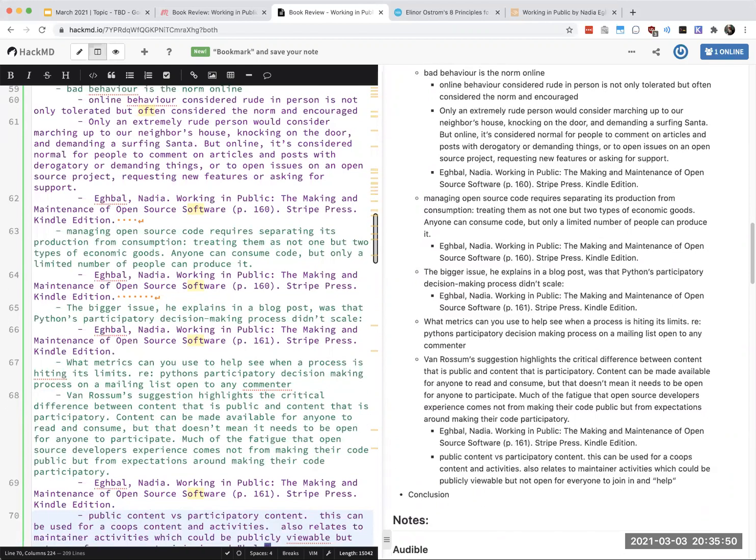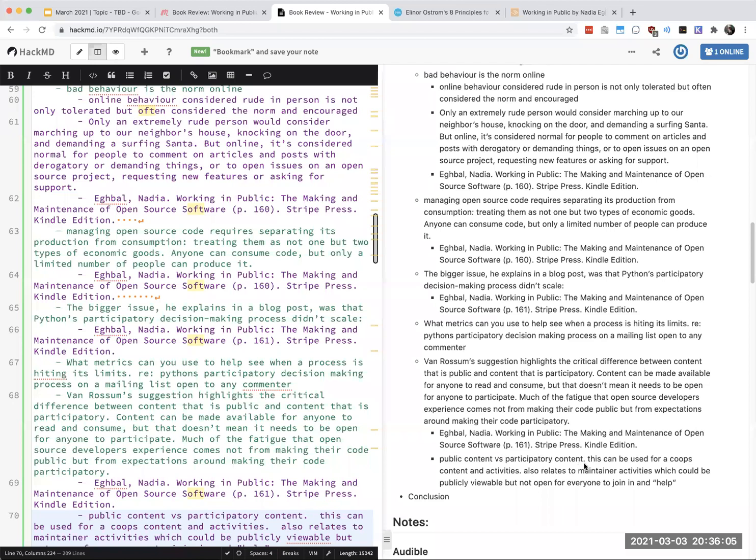So then you can say, you may want activity or content to be public, but you may not want it to be open for participation by everybody. There could be different levels, and identifying that is important for a project so that you don't run into situations where it becomes overwhelming on an area that maybe shouldn't have been completely open like that.